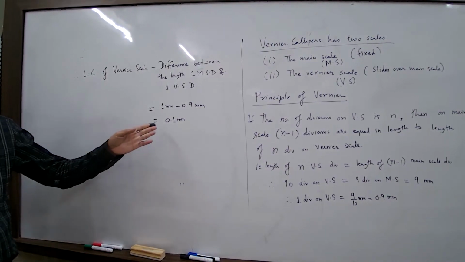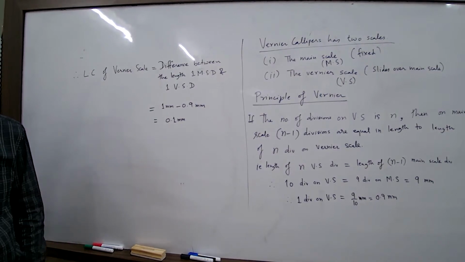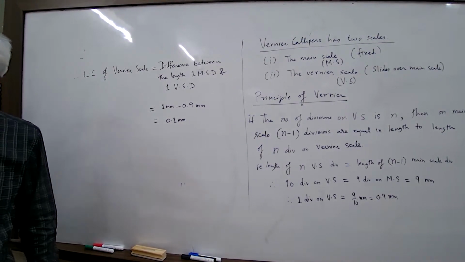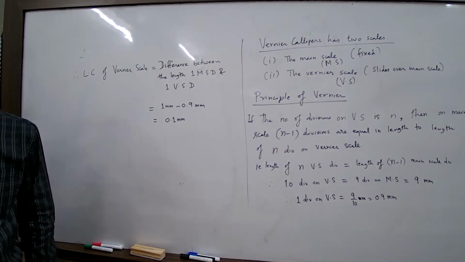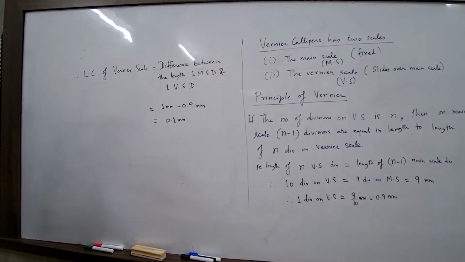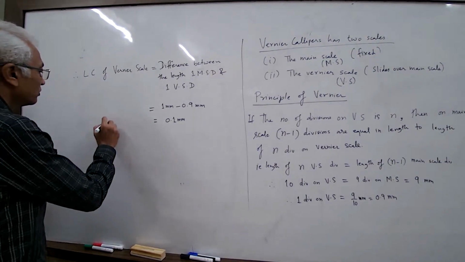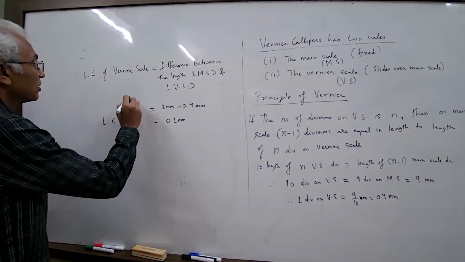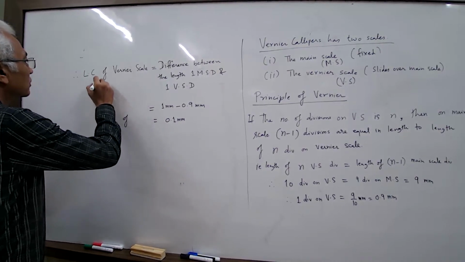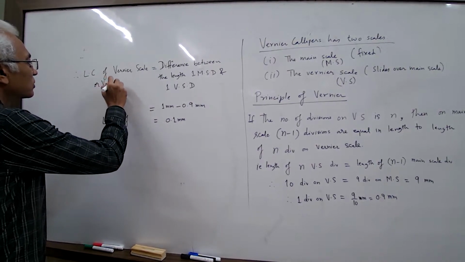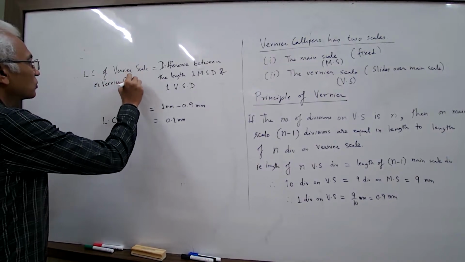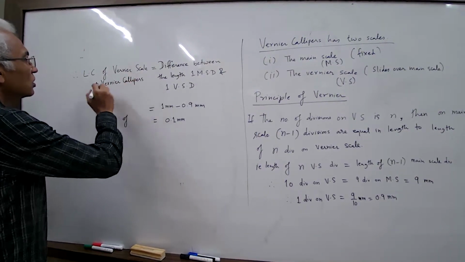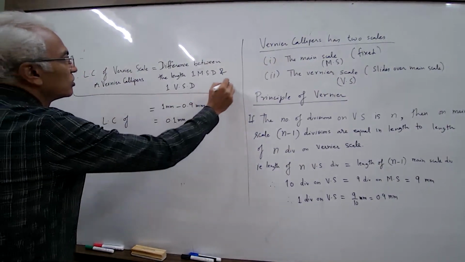Vernier, because it can measure very small distances. And we will see that screw gauge least count is even better. Okay? So this is the LC of vernier scale or vernier calipers.